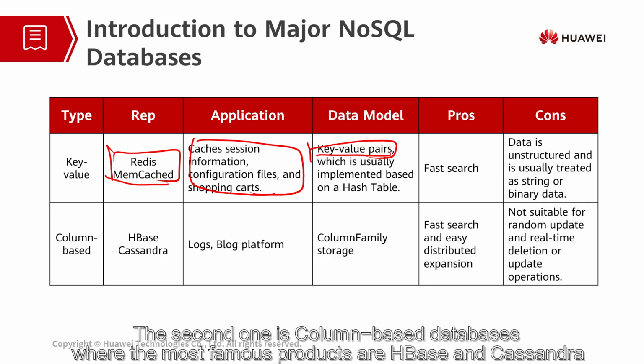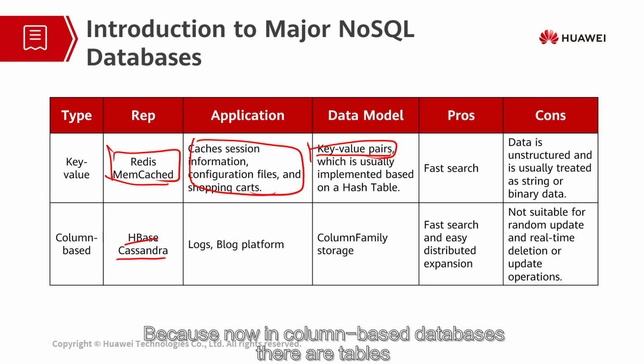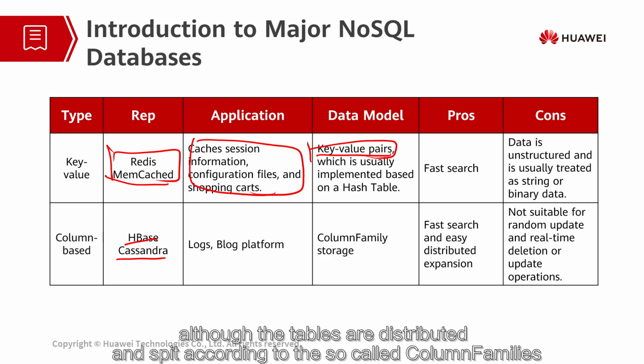The second one is column-based databases, where the most famous products are HBase and Cassandra. Unlike key-value databases, databases of this type are usually implemented to support log systems or blog platforms. Because now, in column-based databases, there are tables, although the tables are distributed and split according to the so-called column family.